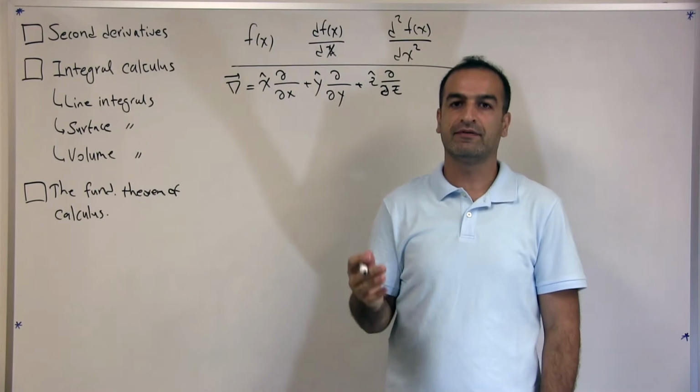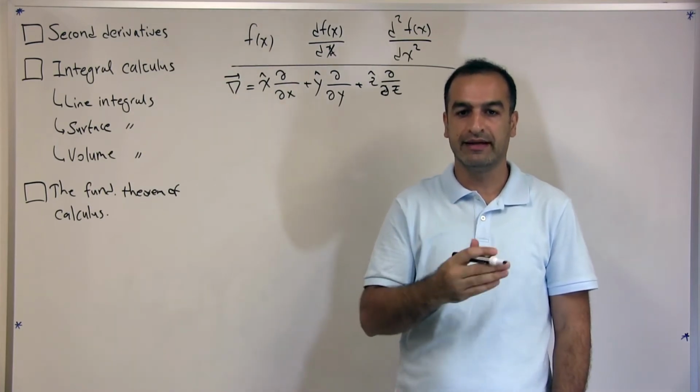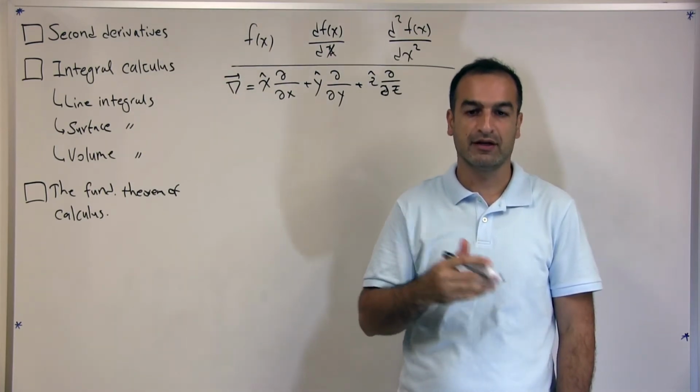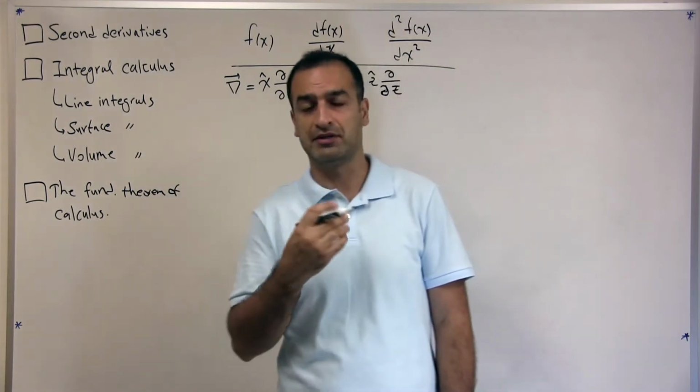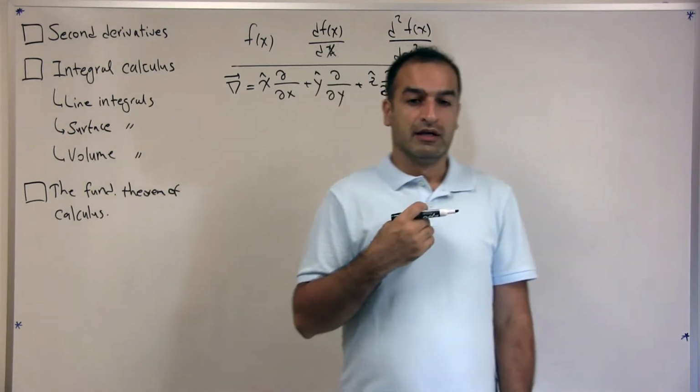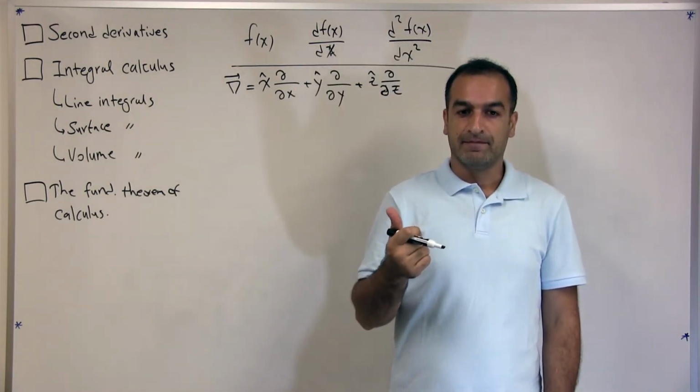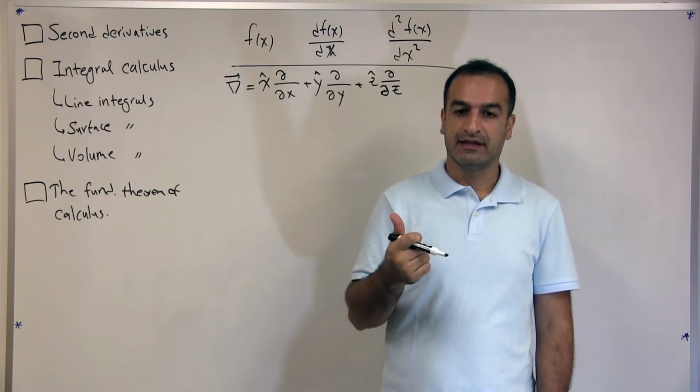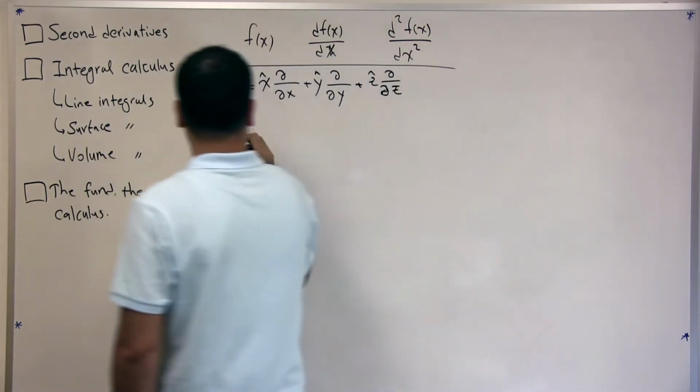There are three different ways that we can apply the del operator on a three-dimensional or two-dimensional function. You can apply it on scalar fields, and the only way you do that is the gradient, right?